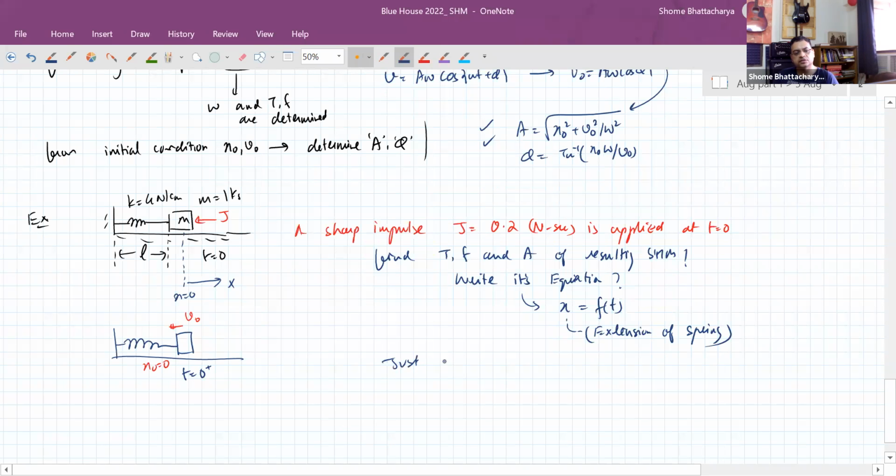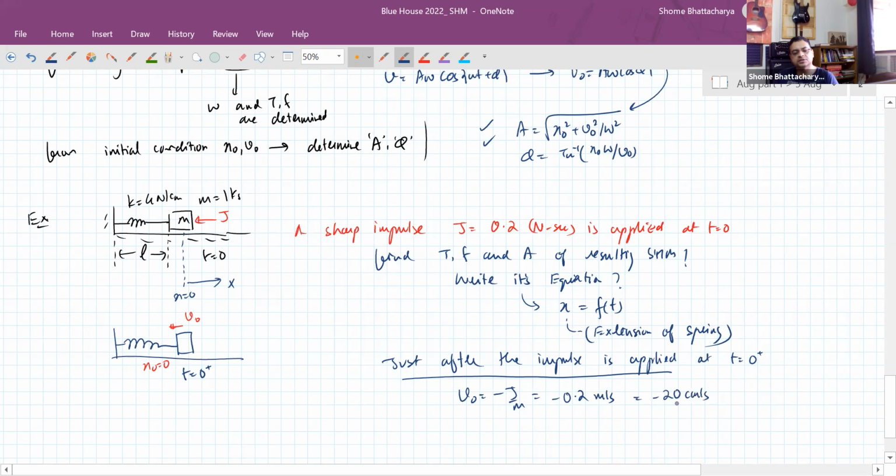So just after the impulse is applied, with proper sign convention, the velocity of the block is this much. So it is minus 2 meters per second or minus 20 centimeters per second, and x naught is equal to 0. So this is your initial condition. V naught is negative and x naught is 0.